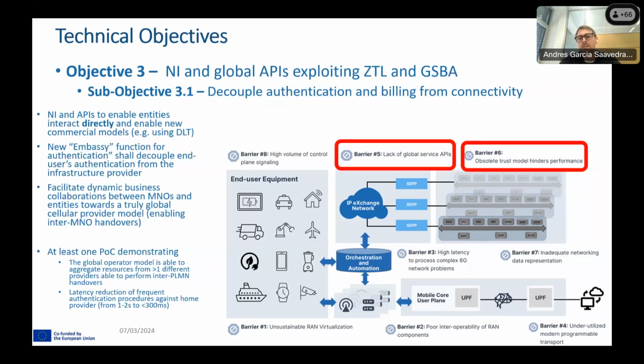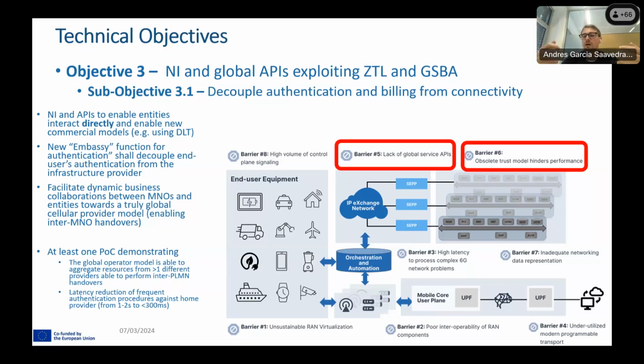Barrier 5 and 6 are very related. We have identified a lack of global service APIs and also an obsolete trust model. Here the idea is that there is a dependence on a SIM card, which is attached to a single operator. And if you roam to another country, you have a whole set of signaling exchange to change to another operator.